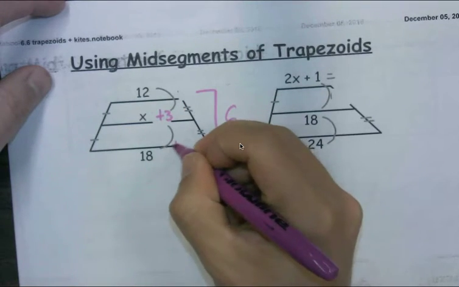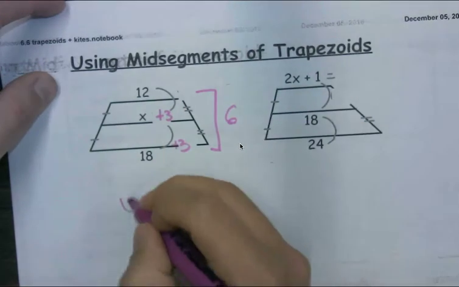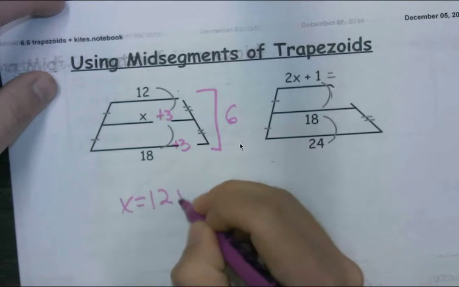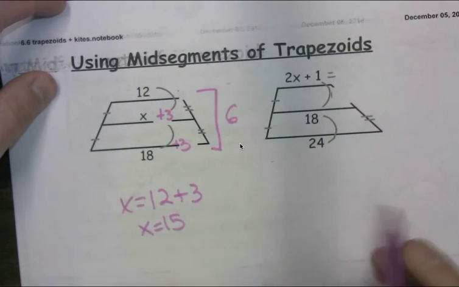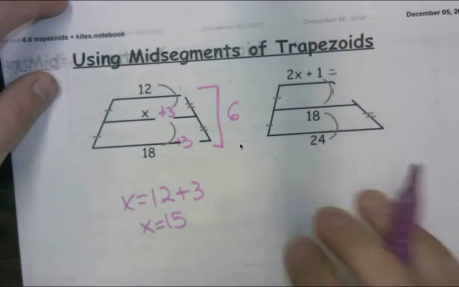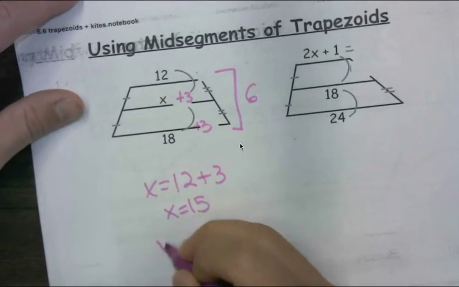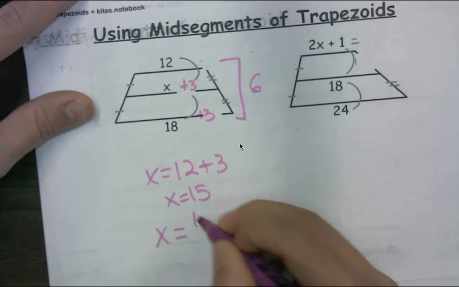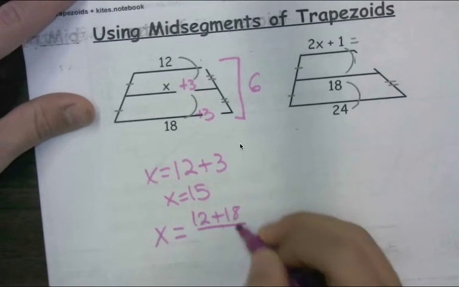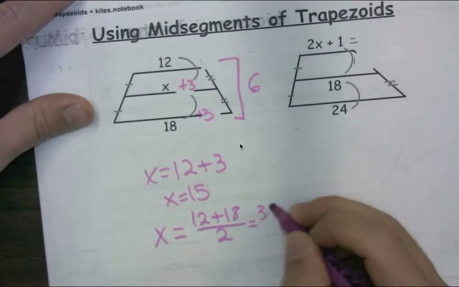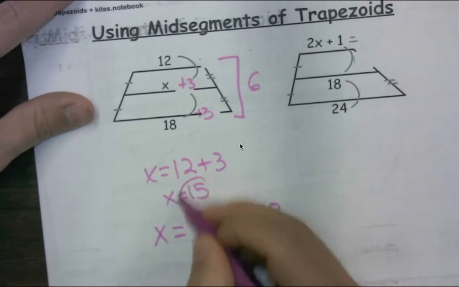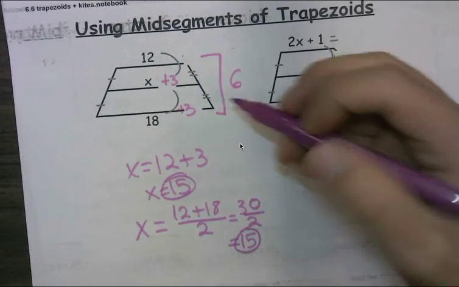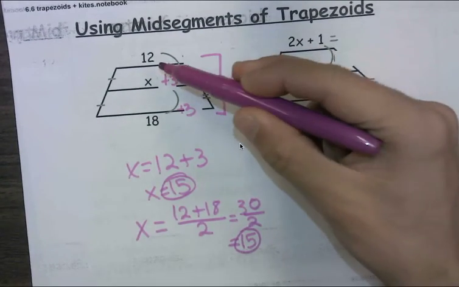And then if we do that again, we add 3. So in this case, x equals 12 plus that 3, so x equals 15. So this is one approach you can take, but if you wanted to go the other approach, you could have done x equals 12 plus 18 over 2, which would be 30 over 2, which is still 15. So notice we have two approaches. I visually scaled this up because I knew it had to be in between 12 and 18.